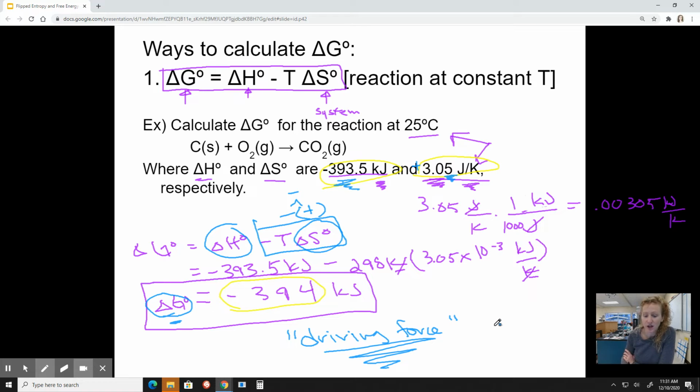So basically your two possible terms are the delta H term or this entire delta S times a negative T term. Whichever term matches the sign that your free energy comes out to be, that's your driving force.